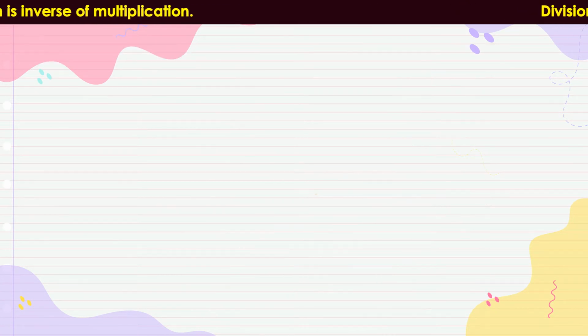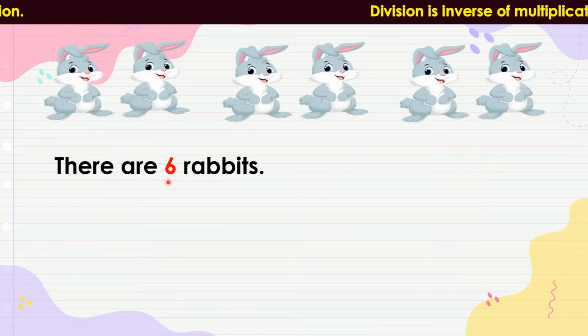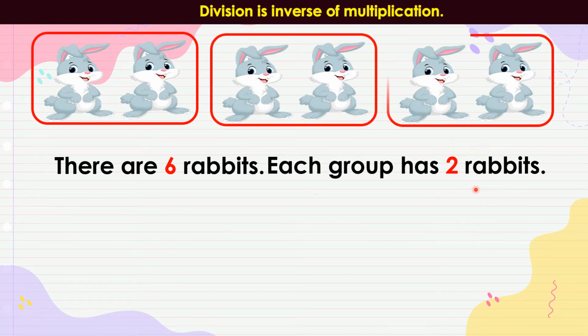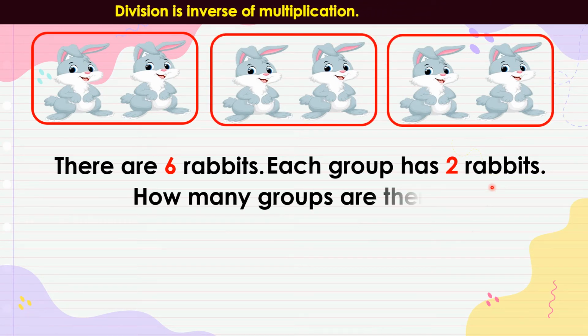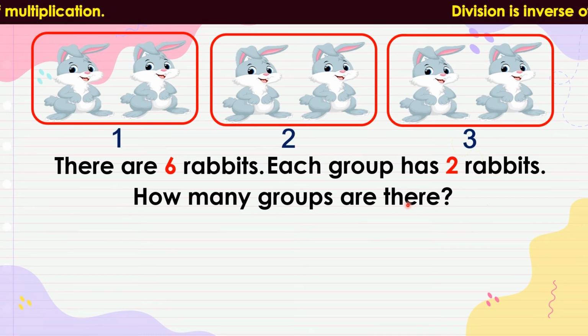Look at this example. There are 6 rabbits. Each group has 2 rabbits. How many groups are there? Let's count. 1, 2, 3.